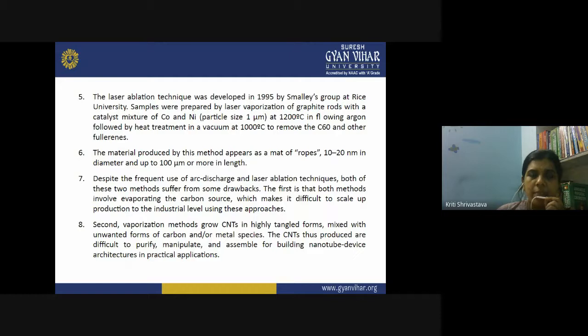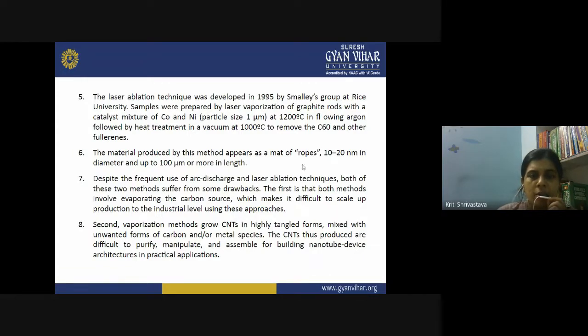They used a temperature of 1200 degrees Celsius, and the experiment was conducted in an argon environment. After heat treatment in vacuum at 1000 degrees Celsius, the soot that is obtained by the laser ablation contains C60 and other types of fullerenes.